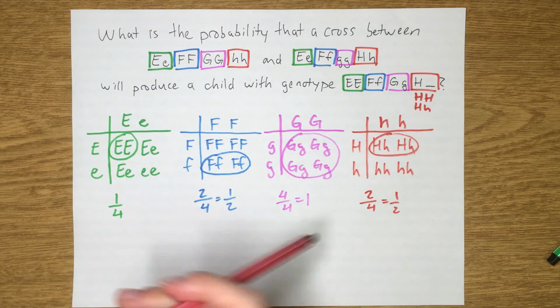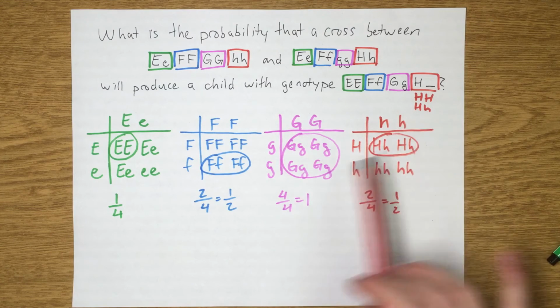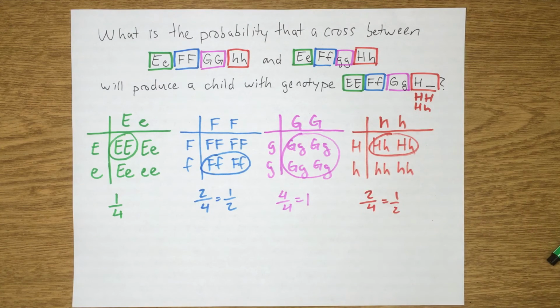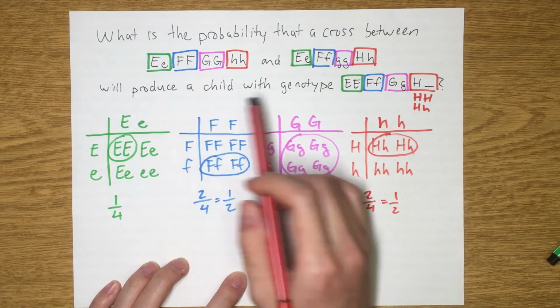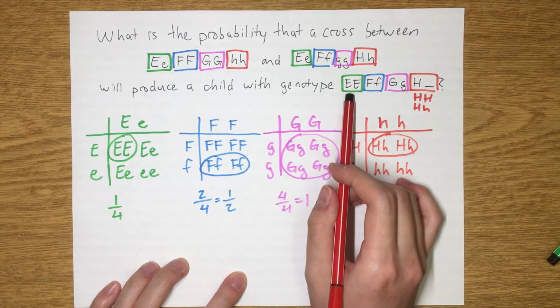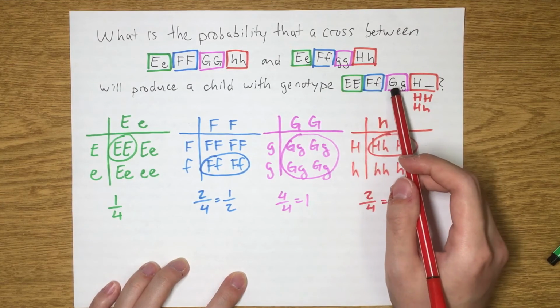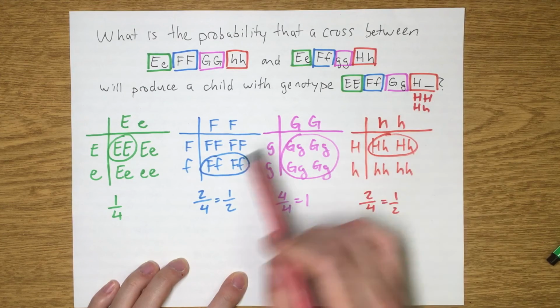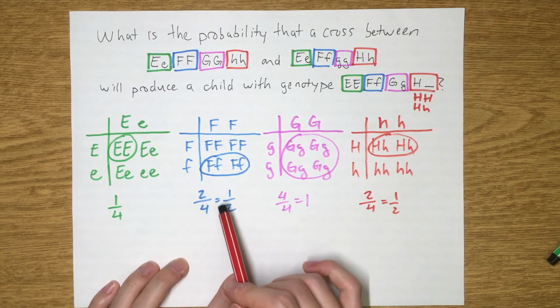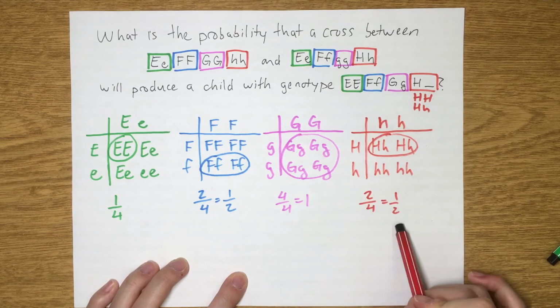So now that we have all these individual locus probabilities, we've got to think back to our laws of probability. We want to find out the probability of creating a child with this genotype and this genotype and this genotype and this genotype, which means we have to multiply this probability by this probability by this probability by this probability.